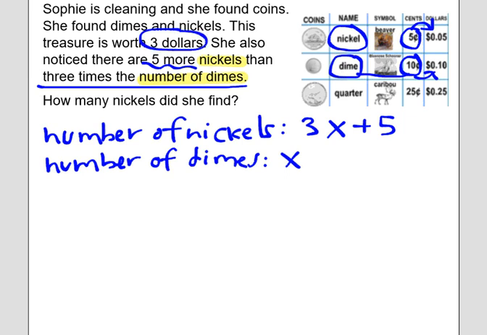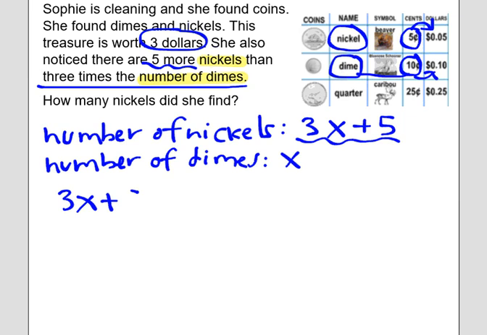That's the tricky part. You know a nickel is worth 5 cents and a dime is worth 10 cents. So if you want to put the number of dimes with the money, how would you do that? Well, imagine if you have 10 nickels, you would do 10 times 5 cents. But we don't have 10 nickels. We have 3x plus 5.